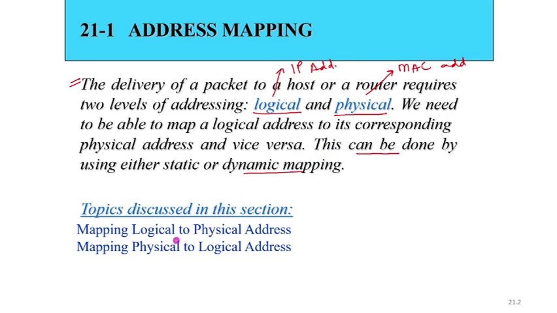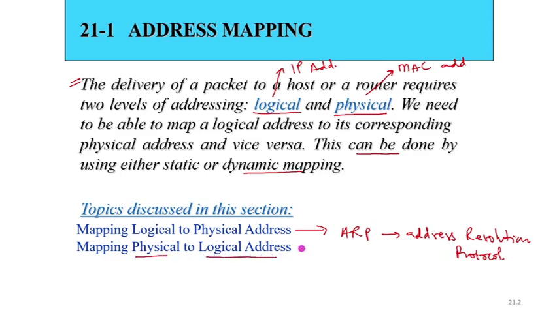So mapping from logical to physical address is done by using ARP, that is Address Resolution Protocol. And mapping from physical to logical address is done by using RARP, that is Reverse Address Resolution Protocol.